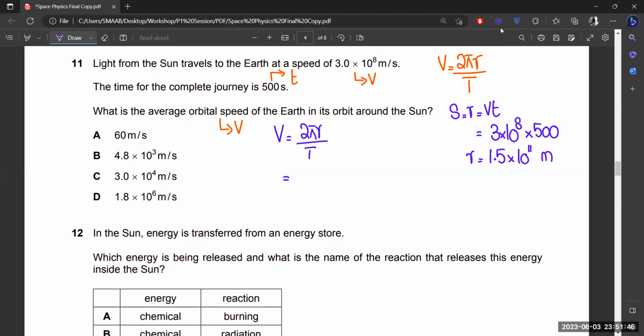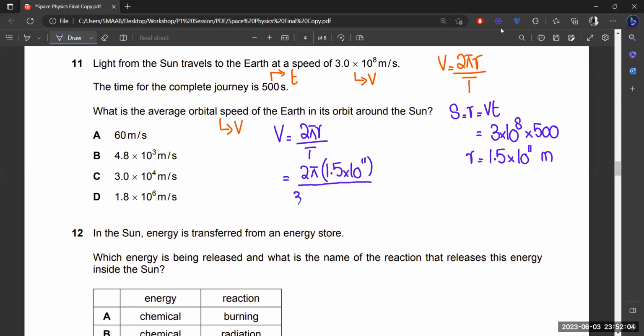So the calculation will be like this: 2 pi r will be equal to 1.5 exponent 11, and finally we need to divide it by the time period.